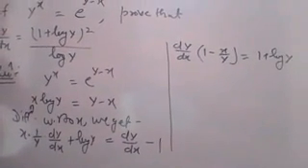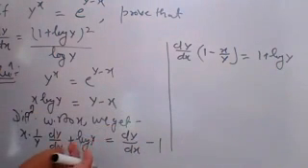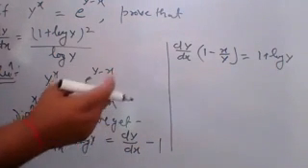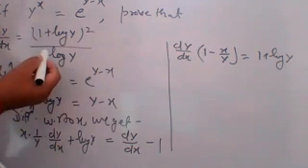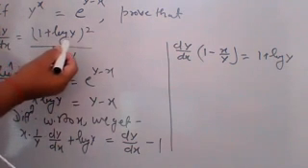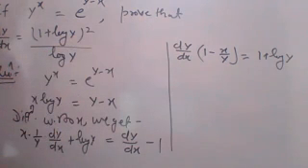So dy by dx into (1 minus x upon y) is equal to 1 plus log y. Now, your result is in the form of (1 plus log y) whole square upon log y.